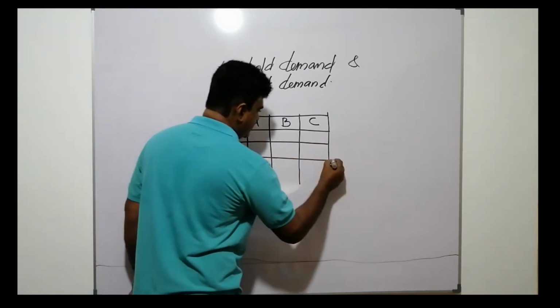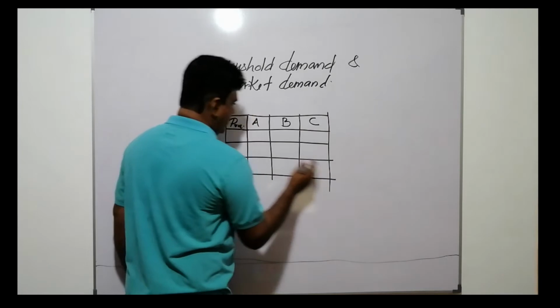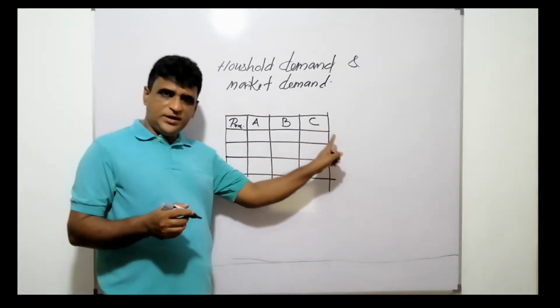Three individual demands: A's demand, B's demand, and consumer C's demand.